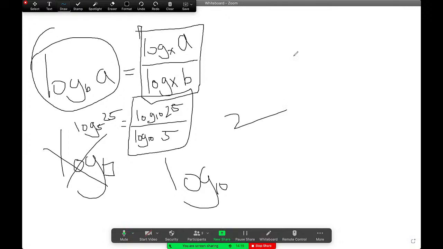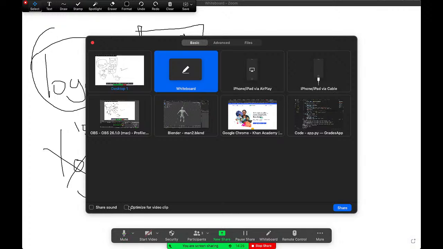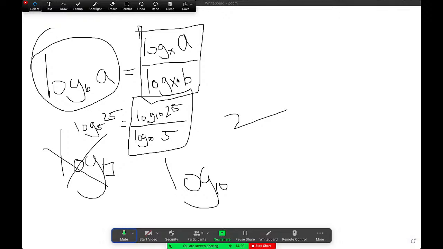So let me use my calculator. Actually, let's do it in front of you. I don't think you can see the calculator anyway. Let's clear the screen. Let's do log base 10 because there's no base.